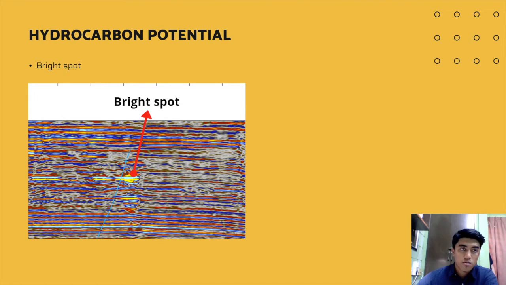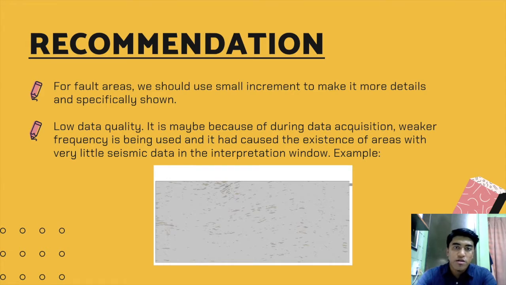For the recommendation section, we think that for fault areas, we should use a smaller increment to make it more detailed and specifically shown. The second recommendation is for low data quality.